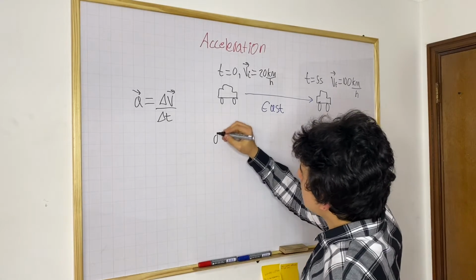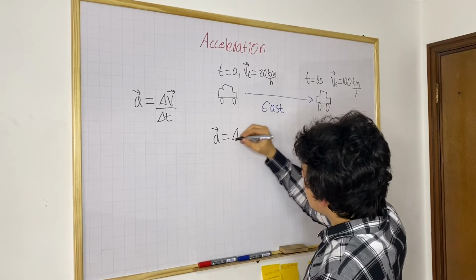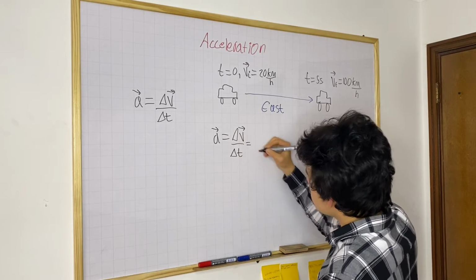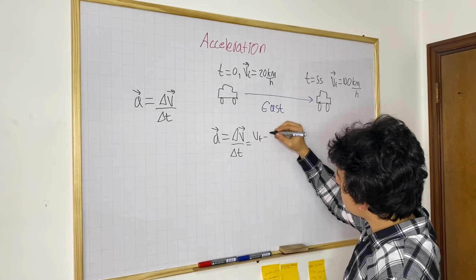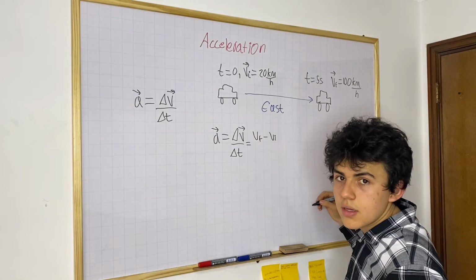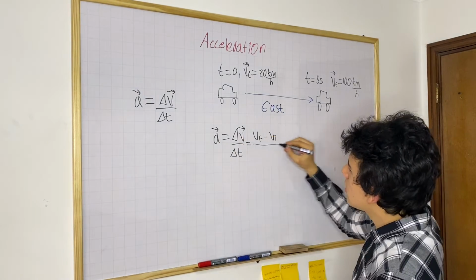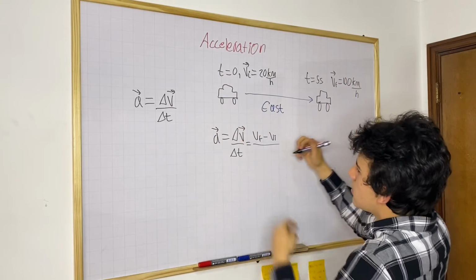So we're going to say that in this case, the acceleration would be equal to the change in velocity divided by the change in time. Now, this would be equal to our final velocity minus our initial velocity. That will give us our net change in velocity inside this interval.